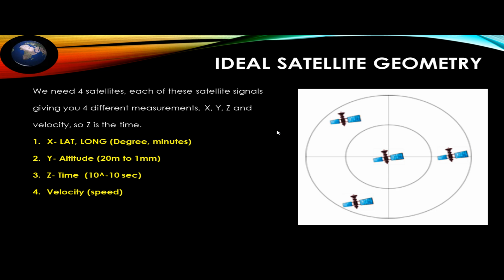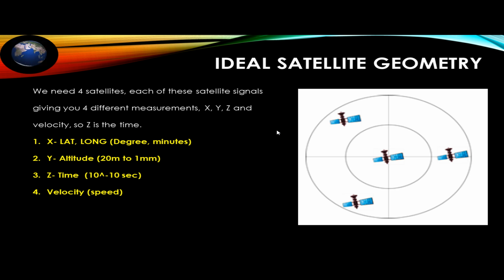The z is the time, and x will give you the latitude, longitude and the altitude, the height. The latitude and longitude are generally in degrees and minutes, and the height has a precision of around 20 meters to 1 mm. The z gives the time information, which has a precision of around 0.1 nanosecond, or 10 to the power minus 10 seconds.